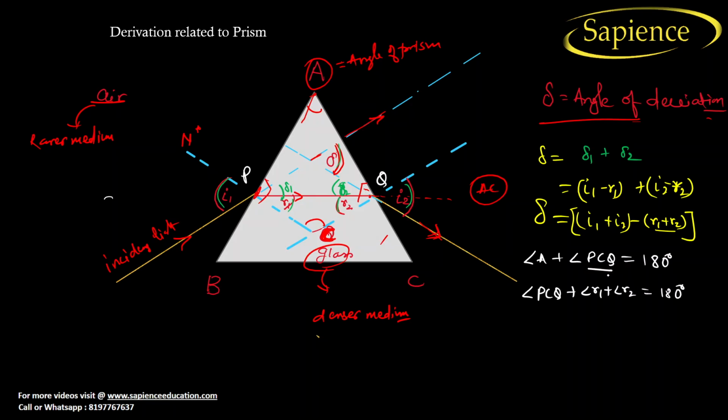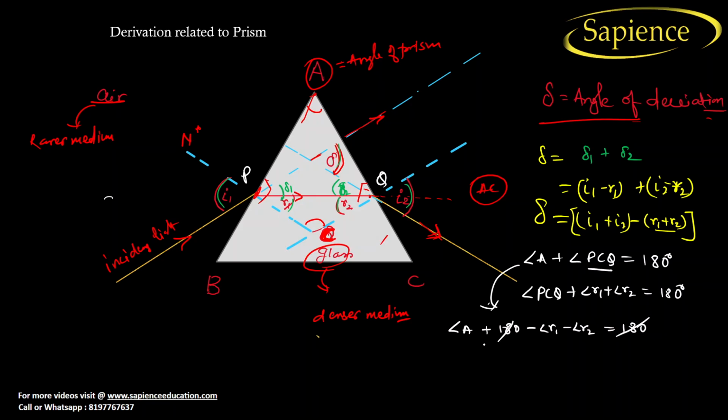So in place of PCQ, we can write 180 minus (R1 plus R2). From these two equations, angle A plus 180 minus (R1 plus R2) is equal to 180 degrees. The 180s cancel out.